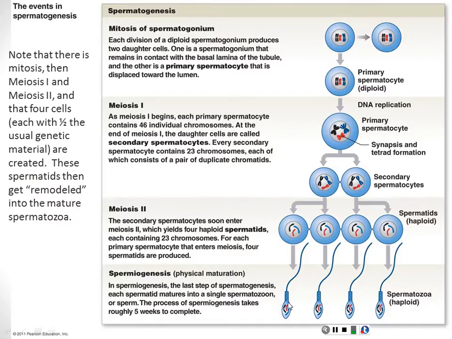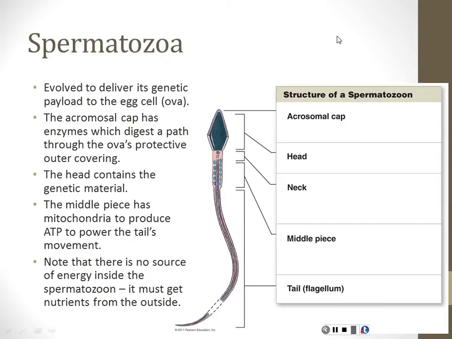Spermatids then get remodeled into the spermatozoa that you've all seen in pictures and classes before. Okay? But in the end, these guys all have half the genetic material of this one. All right.